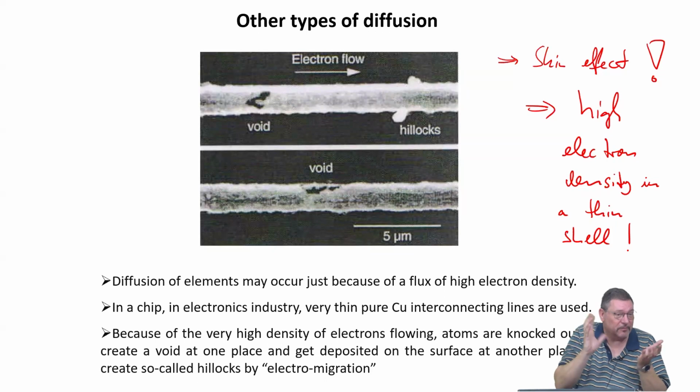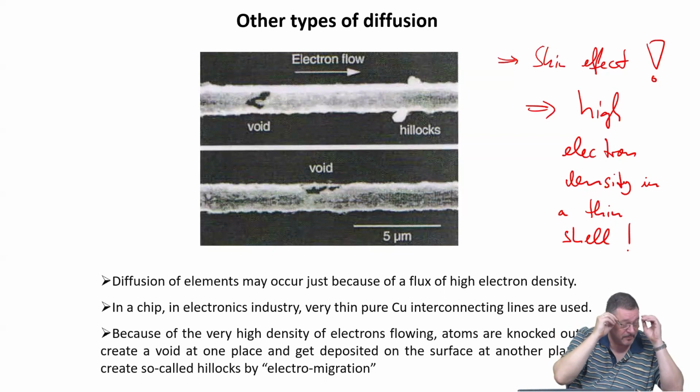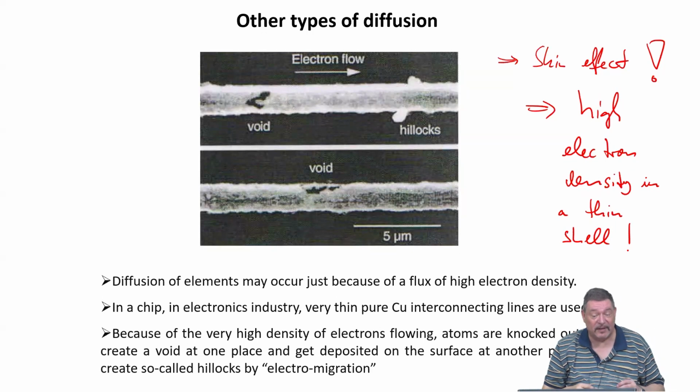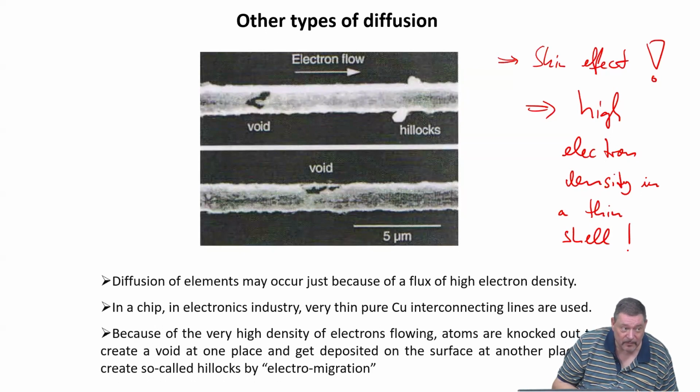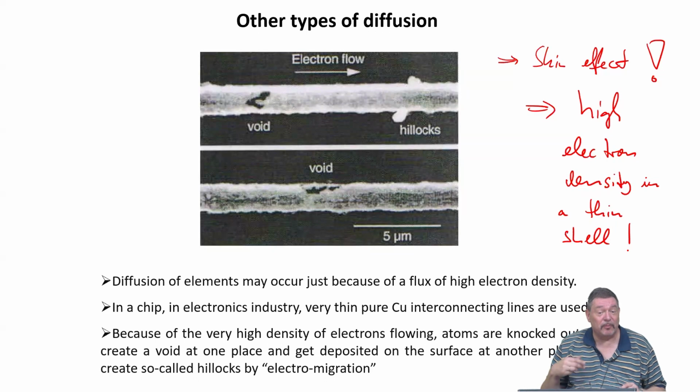And that gives basically a net pressure that, if it's strong enough, can really put the whole atom out of its place. It's not always the case, but it depends on the push, on the current density, on the duration, and on a number of factors how strong the effect is, but it will occur in any case.